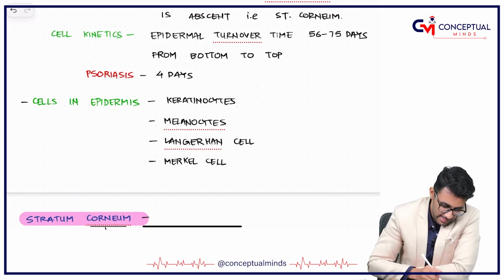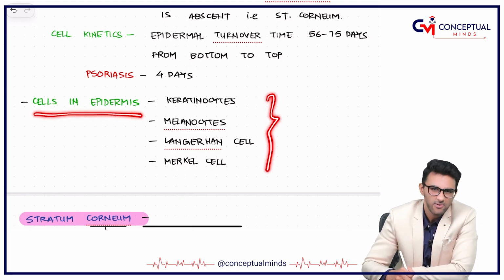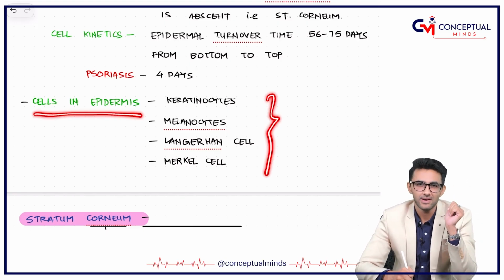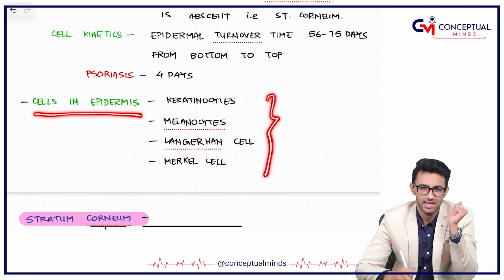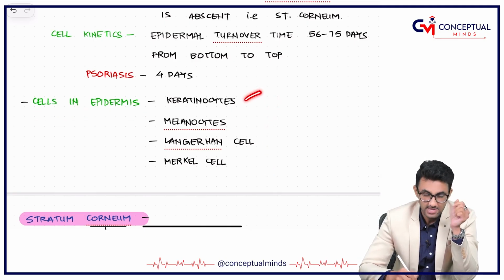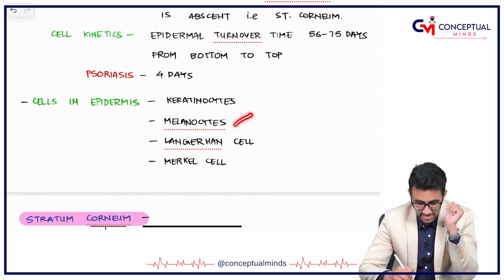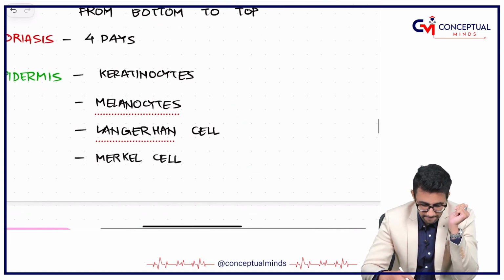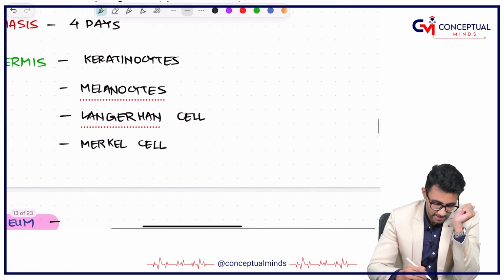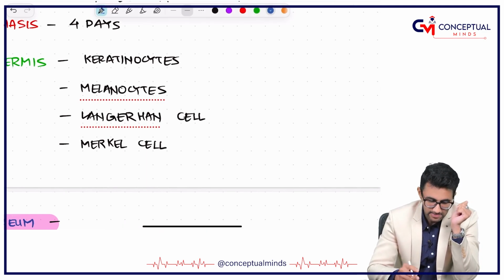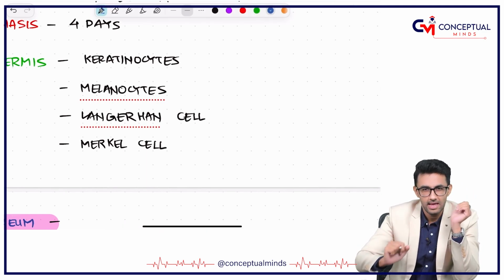Okay, so next up are the cells in the epidermis. These 4 cells we'll know everything about as we go ahead towards the end of the lecture. So it is the keratinocytes, all the cells we marked in our diagram as well. Keratinocytes, melanocytes, Langerhans cells, and the Merkel cells. Let me just give you their functions a little bit over here. The keratinocytes are the main cells in the whole epidermis.